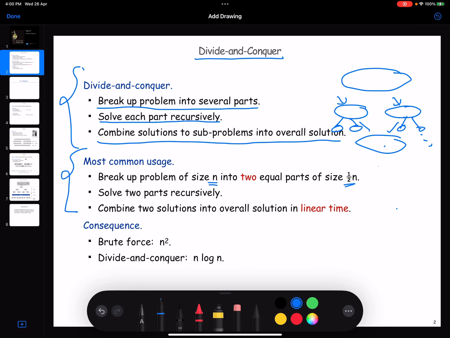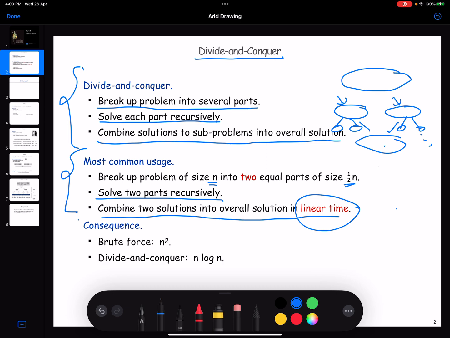We solve the two parts recursively, and then we combine the two solutions. Usually we combine them in linear time. So when we merge the solutions of the two parts, we need an efficient merge so that it's linear time, big O of n.